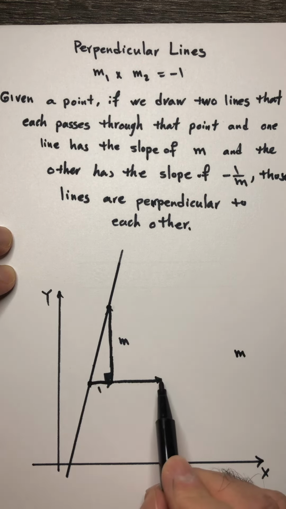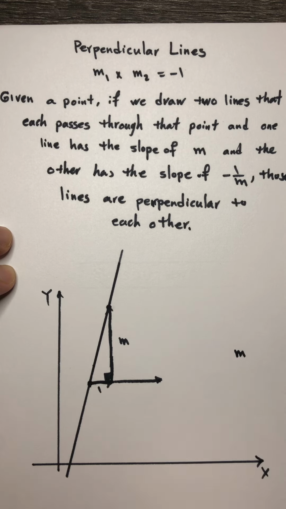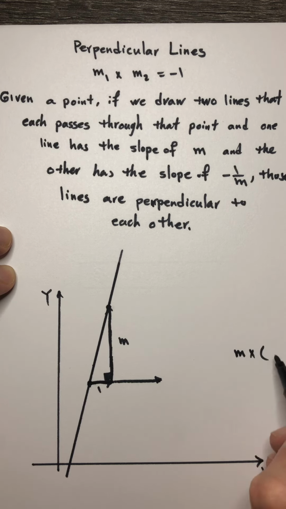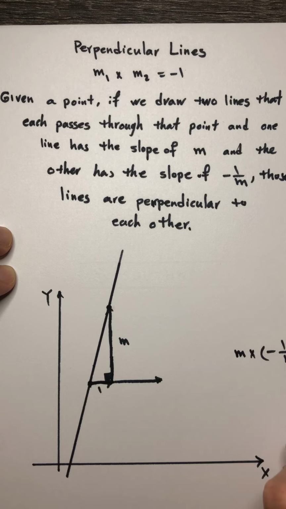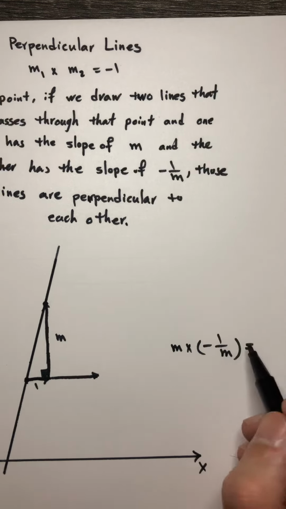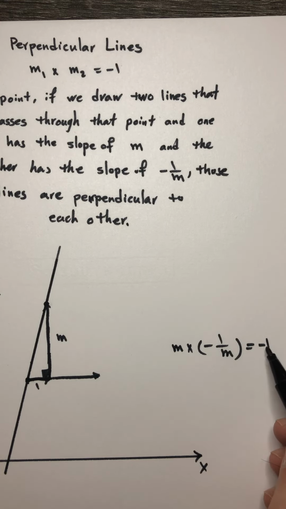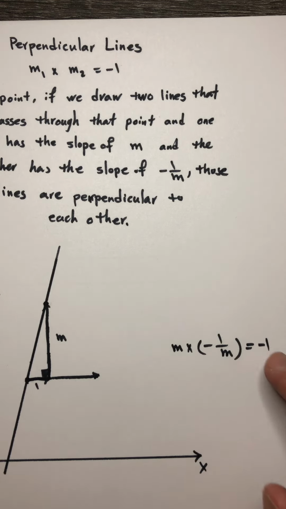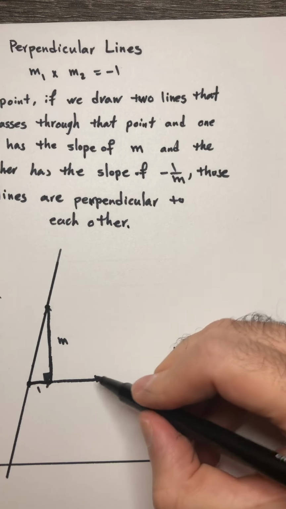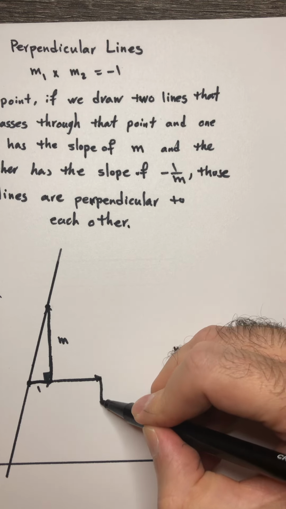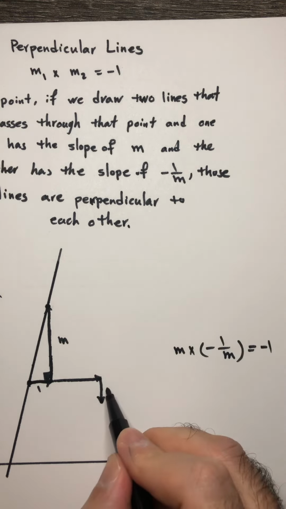We said we go a units to the right, then a multiplied by the slope vertically. So here our a is m, multiplied by -1 over m, so it becomes -1. So we go -1 units in the vertical direction. Since -1 is negative, it means that we go 1 unit down.